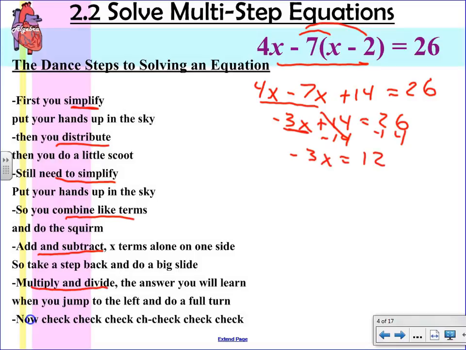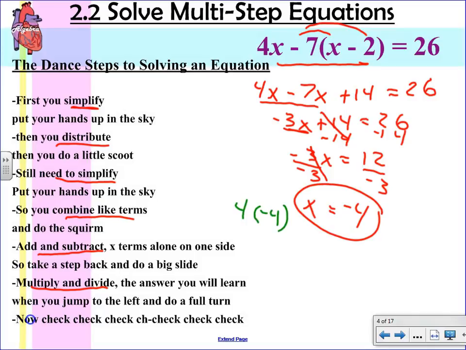Finally, multiply and divide, the answer you will learn. So divide by negative 3, and we get x equal to negative 4. Now we got to check it to make sure we got the right solution. So if we put negative 4 back in for x, we've got 4 times negative 4 minus 7 times negative 4 minus 2 equal to 26.